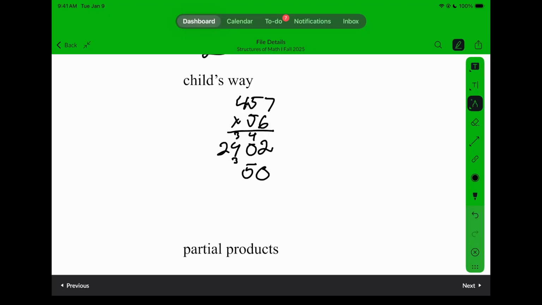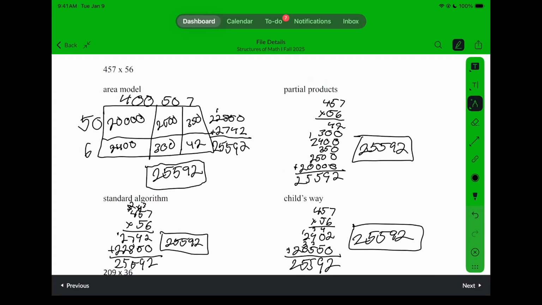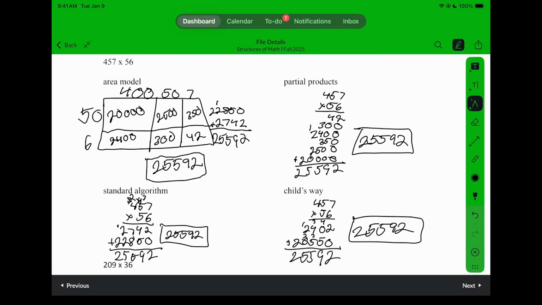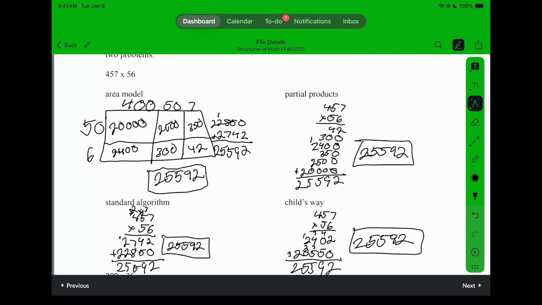Add a tiny 3 there. 5 times 5 is 25. Tiny 2 there. 4 times 5 is 20. Add them up. 2, 5, 15, 9. 25,592. There we go. That's the processes for 457 times 56.